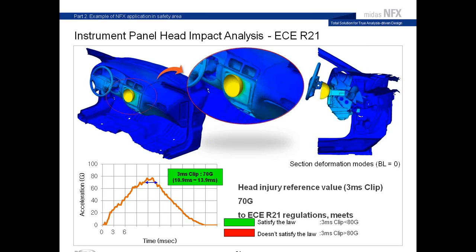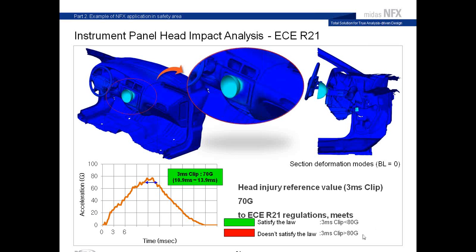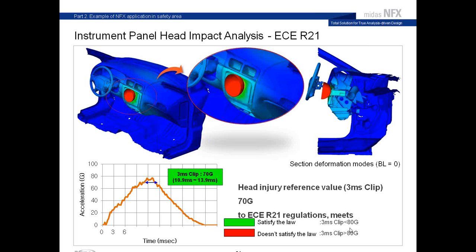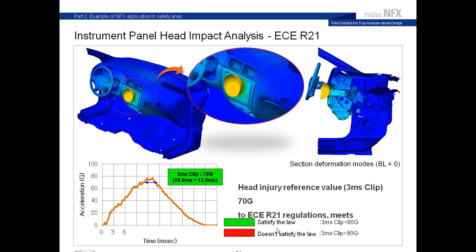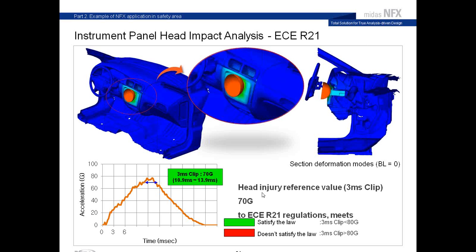If you have an impact which is less than 3 milliseconds, less than 80 times the gravity, then it will satisfy the law. Otherwise it will not satisfy the law. In this case we found it was 70 G, so it was okay.